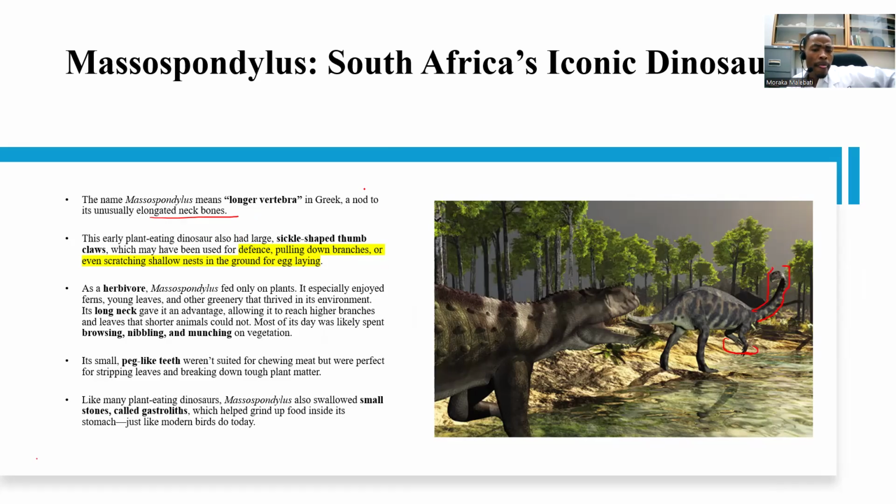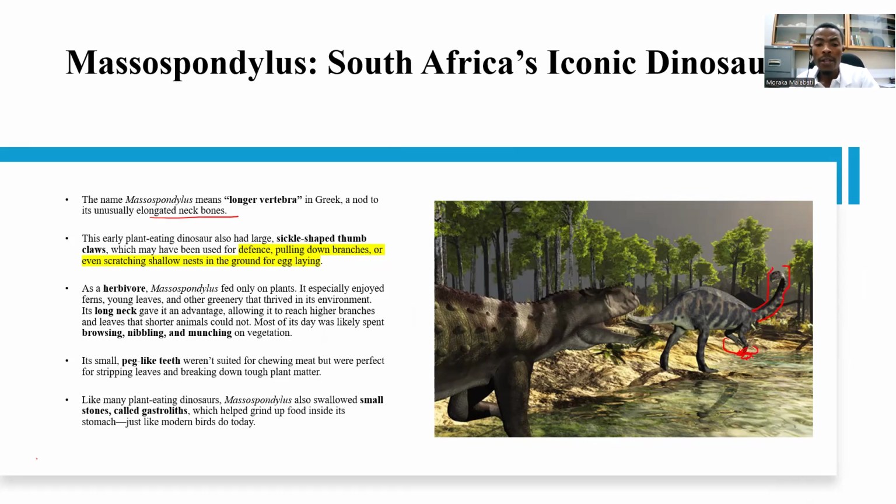Sickle-shaped thumb claws. So it has these claws. These claws could have been used to make the nest so that it can easily lay the eggs.